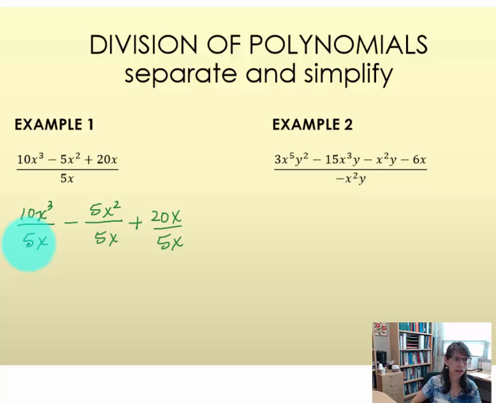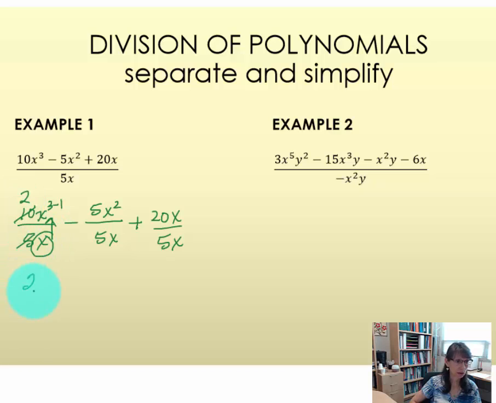So 10 and 5 have a common factor of 5, so when we reduce, we'll be left with 2. Now look at this. X is in two locations at the same time. We know from our exponent rules that we're going to be shifting the base with the lower exponent. So when x to the positive 1 shifts, it becomes a negative 1.